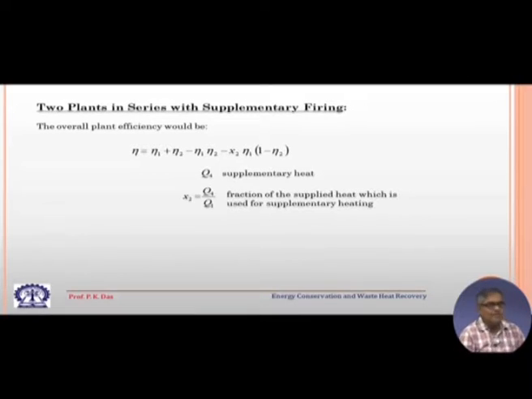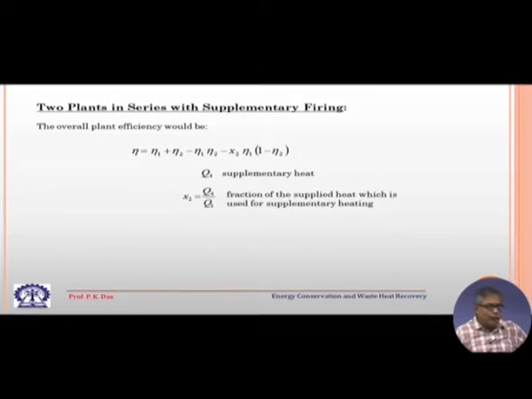There could be another situation where we have got both extra amount of energy supplied to the bottoming cycle and some amount of heat loss when the heat is transferred from the topping cycle to the bottoming cycle. So, that also you can derive, probably that is the most general case, and get the efficiency expression for that kind of a combined cycle.